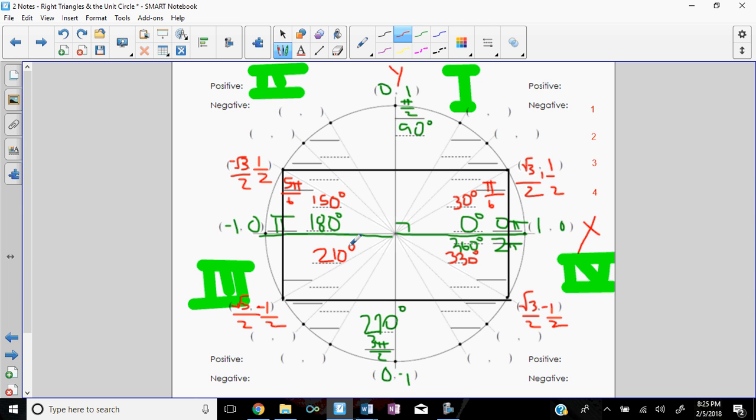And then when it comes to dealing with my pi over 6s, I'm going to keep counting. So we said this is 5 pi over 6. This would be 6 pi over 6. Well, this point here is going to end up being 7 pi over 6. Oh, that looks like a terrible 6.